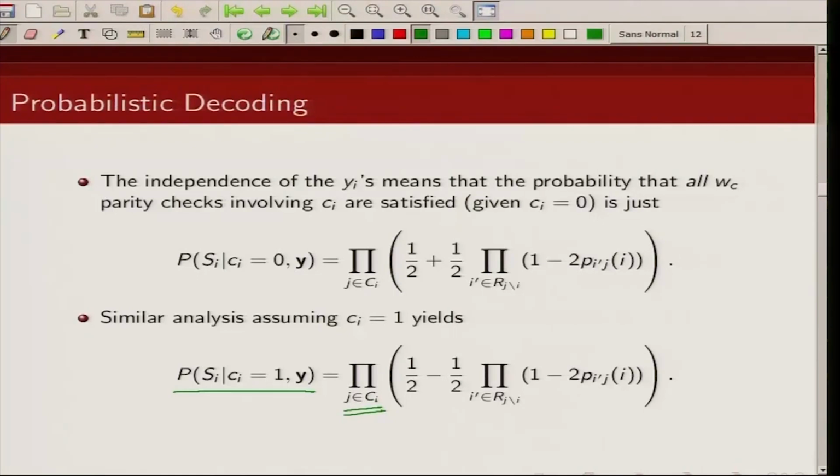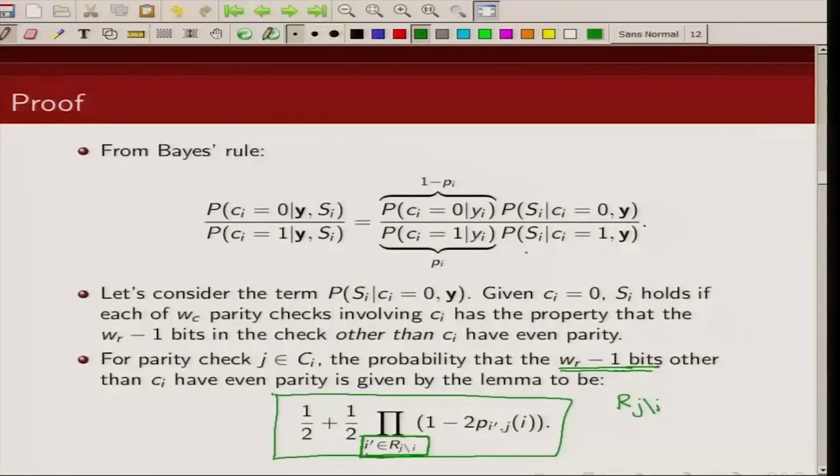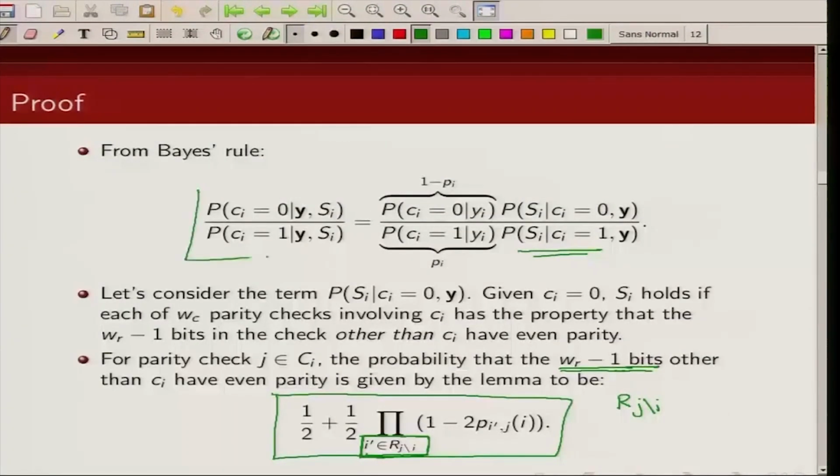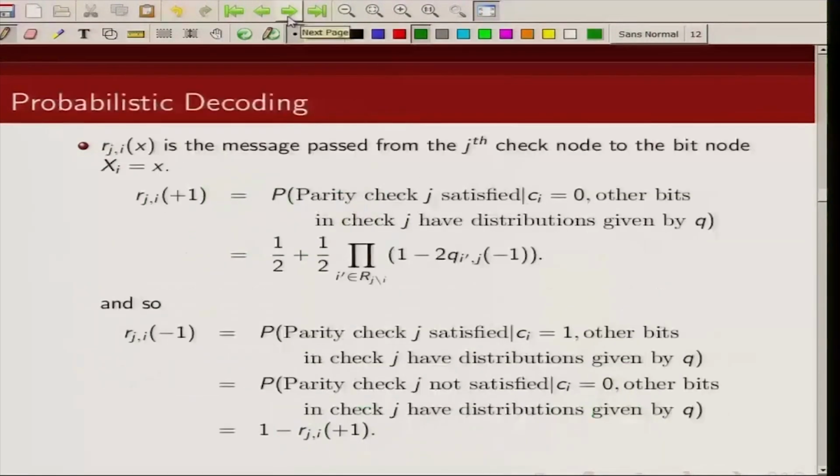So, this is the probability of this parity check constraint getting satisfied when Ci is 1, and this is the expression when Ci is 0. So, if I plug these values into my expression here, what I get is the expression for this.